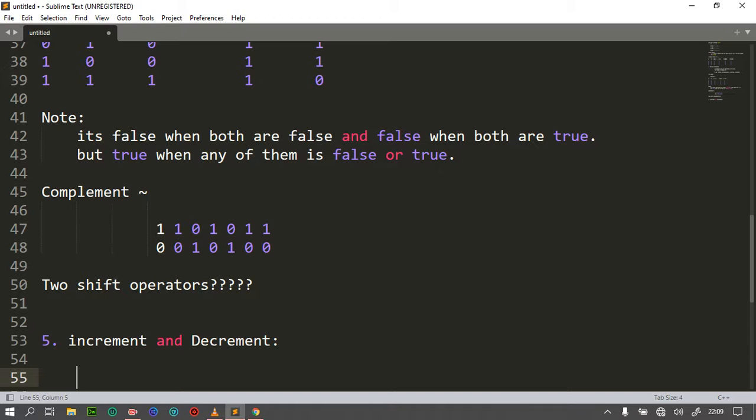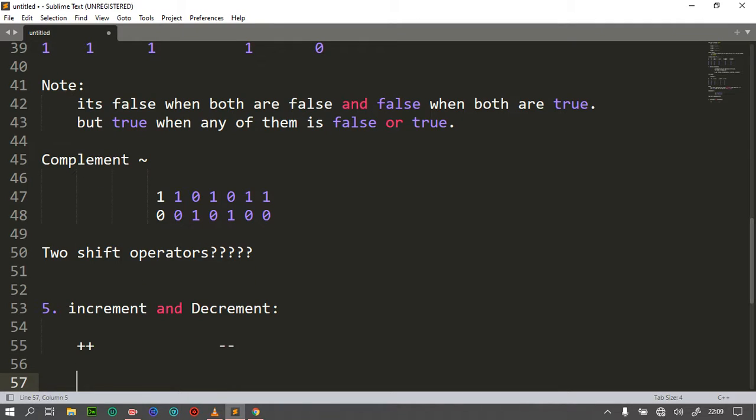Now increment, this is how they move. Then we have decrement, that is how they move. So it's a pair of 2 plus signs and a pair of 2 minus signs. Now these are called auto increment and auto decrement.